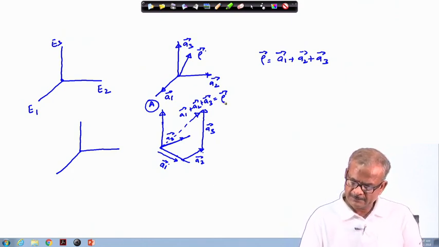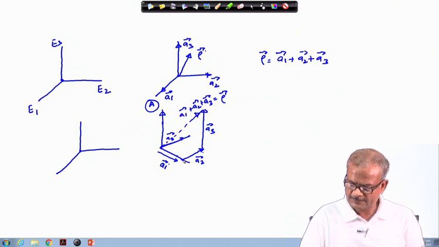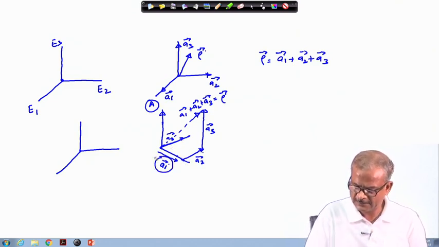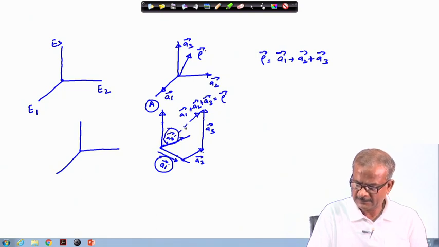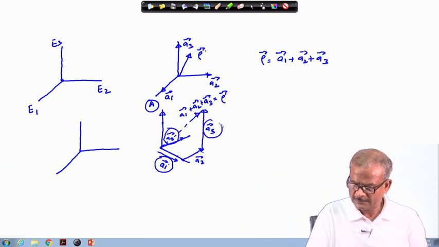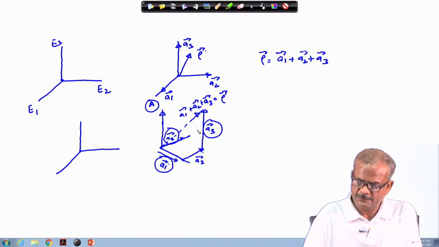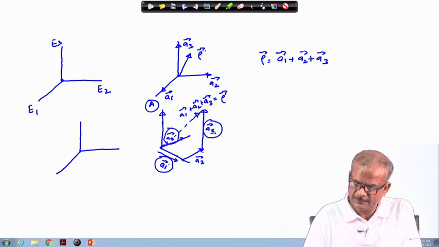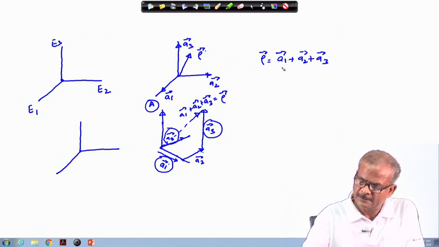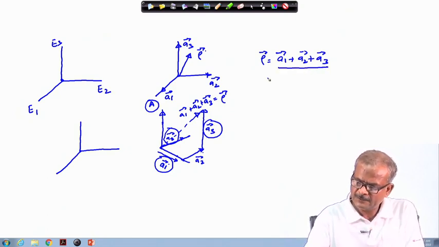So, any vector, because we have 3 dimensional space, using these 3 basis vectors, again they are acting like 3 basis vectors. Okay. Using this we have written this. Okay. So, we can describe in terms of A 1, A 2, A 3, but it is always convenient to work in terms of the unit vectors.